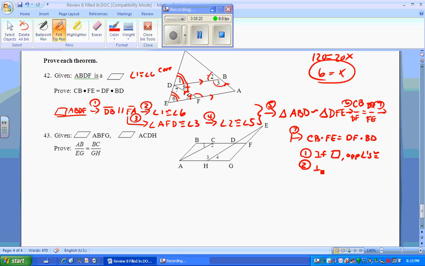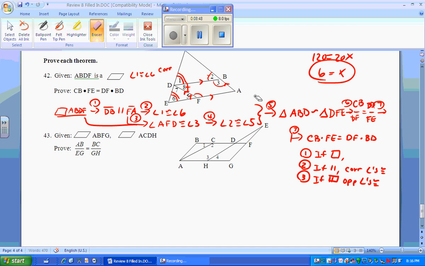2, if parallel, then corresponding angles congruent. 3, if parallel, oh no, that was from the parallelogram, is where that came. If parallelogram, then opposite angles congruent. I apologize, I am off.